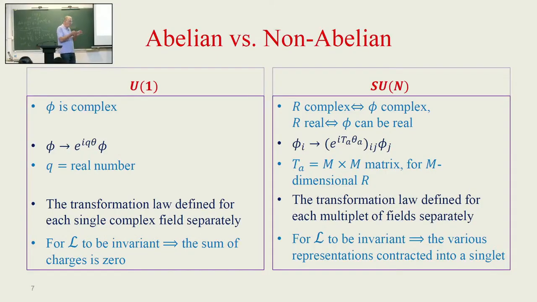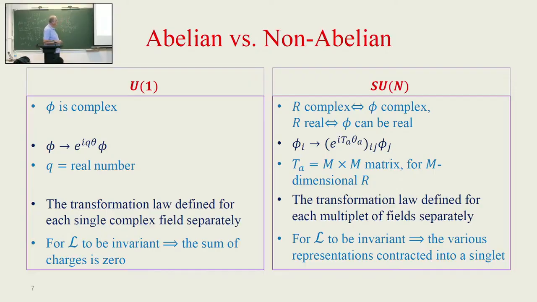So if you have a product of 2 fields, both of them triplets, then this will not include a singlet in it. There is another representation of dimension 3 called 3 bar, and 3 times 3 bar does contain a singlet, and since 3 bar is different from 3, this is a complex representation.